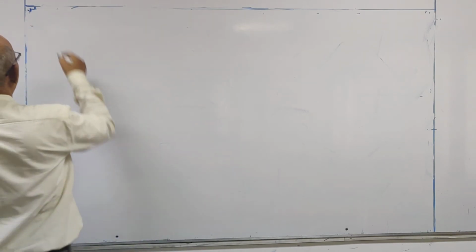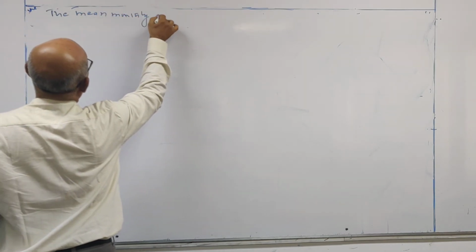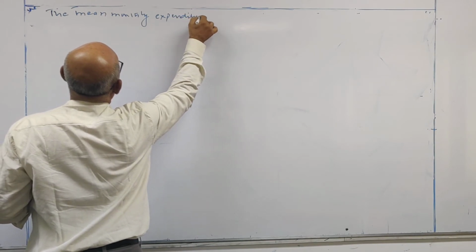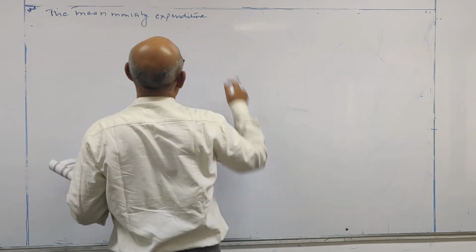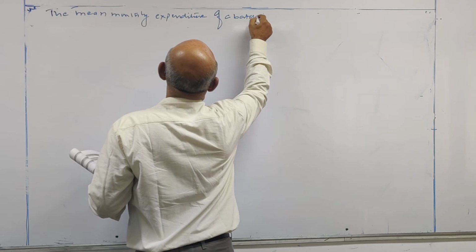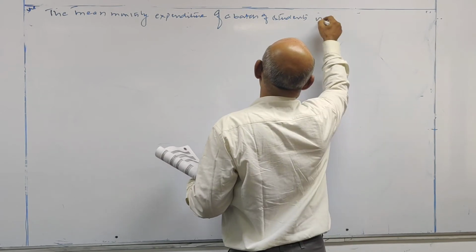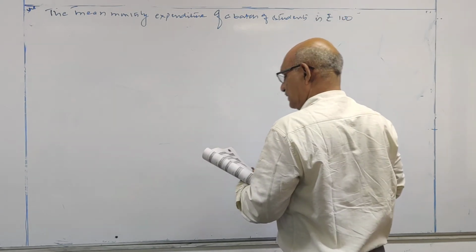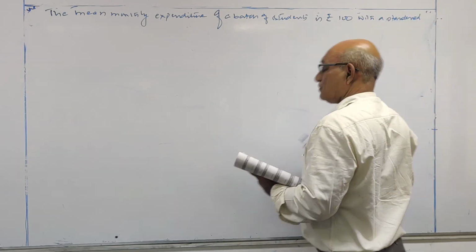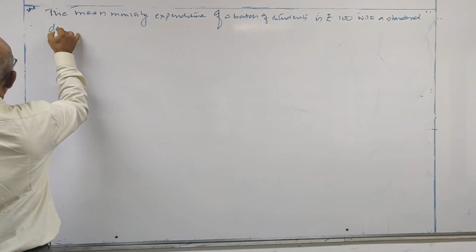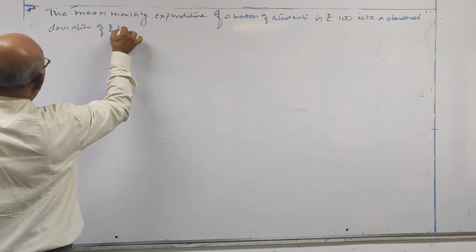The mean monthly expenditure of a batch of students is rupees 100 with a standard deviation of rupees 20.